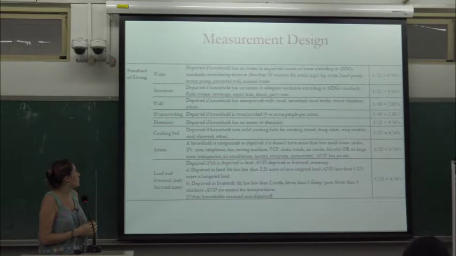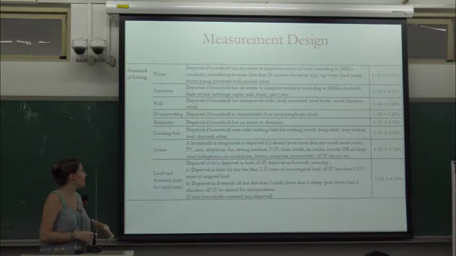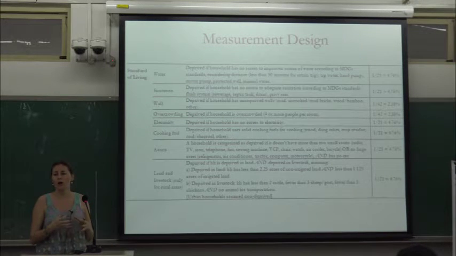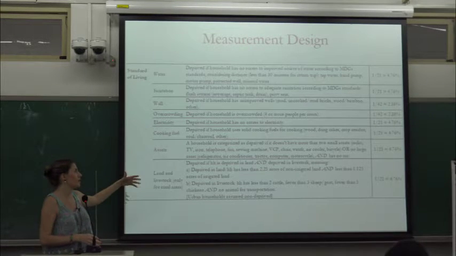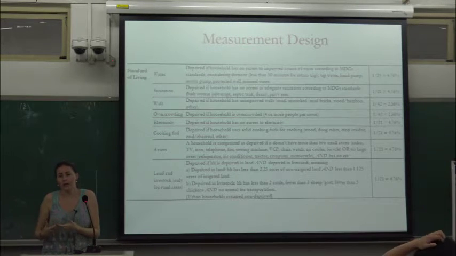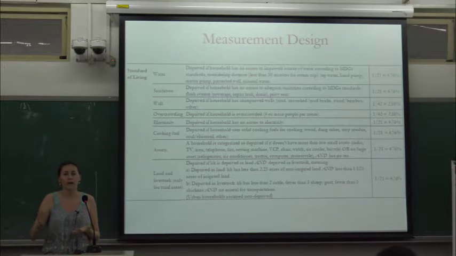They also changed a bit the cutoff for the indicator on assets, and they added this indicator on land and livestock, which is particularly important, of course, for rural areas in the country. But then they decided that they were only going to require households to have a particular amount of land and animals if they were in rural areas. So urban households are considered to be automatically non-deprived in this indicator.